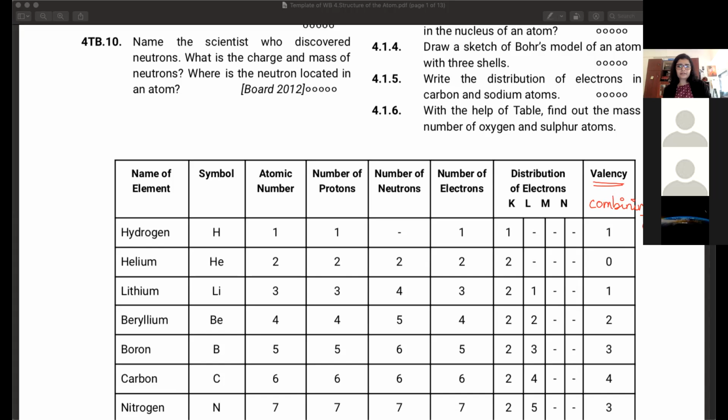Combining capacity is directly related to how many electrons are in the outermost shell, but that itself is not valency. It would be what Samriddhi said: how many electrons is an atom capable of giving or taking? How many it is capable of giving or taking directly relates to the number of valence electrons. So they're very closely related. It's just the wrong way of presenting it.